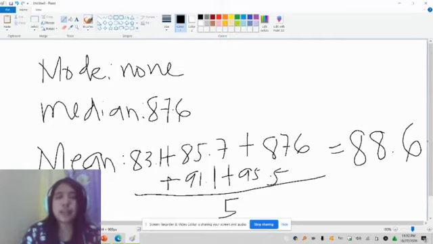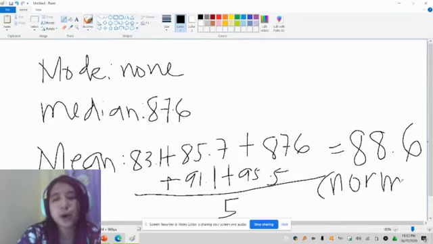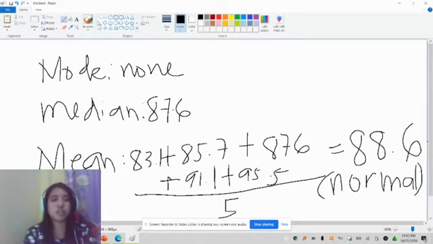Now, if we are going to identify the most appropriate measure of central tendency, whether it is mode, median, or mean, of course, you might answer that the most appropriate is mean. But we actually need to know the shape of the distribution, because if it is normally distributed, that's the time that you can use mean.